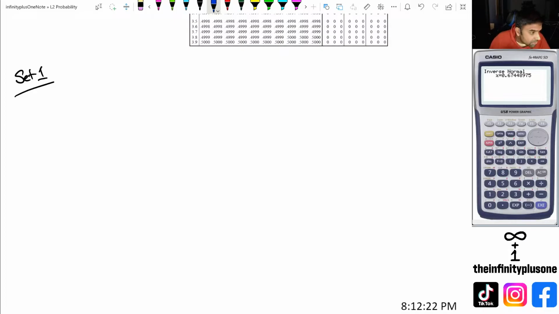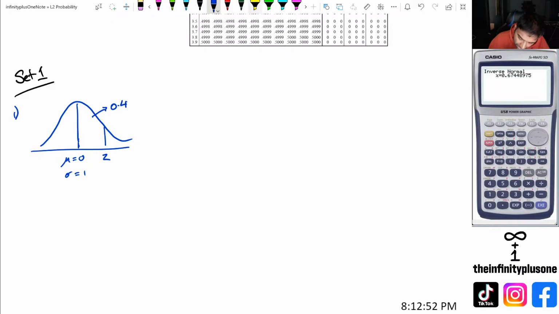All right. So what we'll do is I will actually draw the diagram so you can kind of go from there. All right, number one, we are going to have 0.4, and maybe we'll call this little z. I think that's what they call it, if I remember correctly. And your mean is 0, standard deviation is 1, and your area is going to be 0.4.